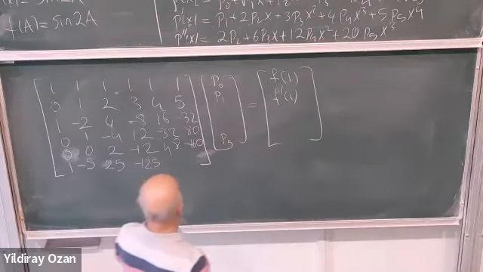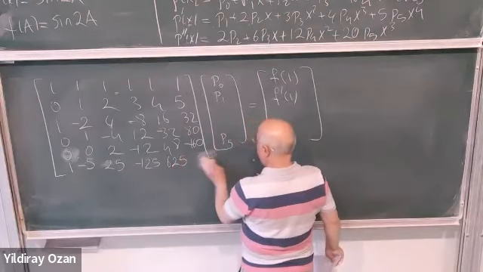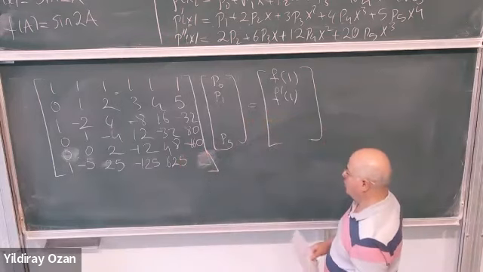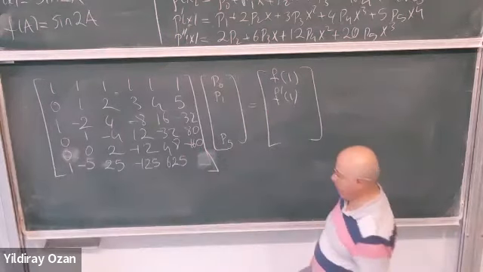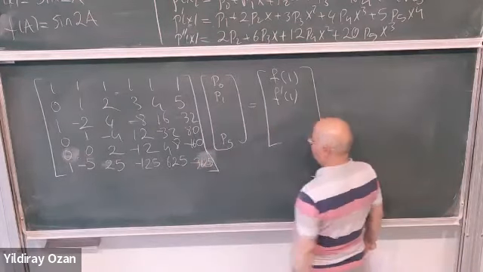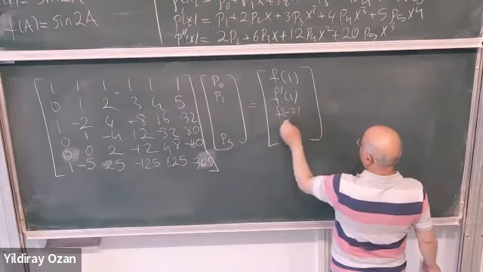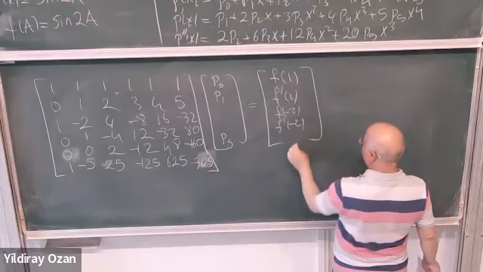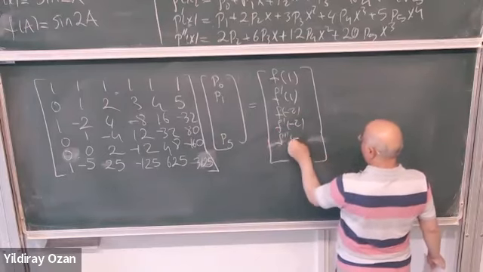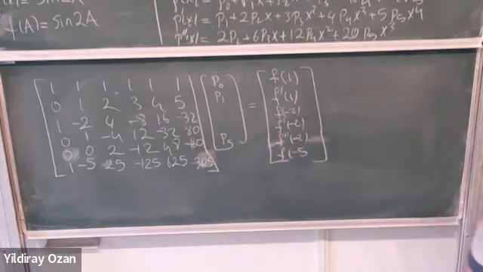Eksi 5'in kübü. 4. kuvveti 625. Eksi 5 ile çarparsak 3000 eksi 3125. So this is f of -2, f double prime -2, and f of -5. So this is the system.